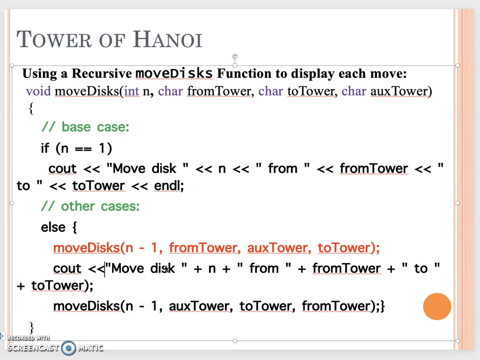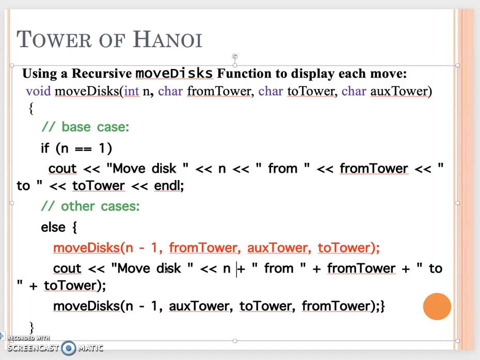So you move disk n from your front tower to the 2 tower. You can also see here the difference between the C++ syntax and the Java syntax. They are very similar, just a little bit different.